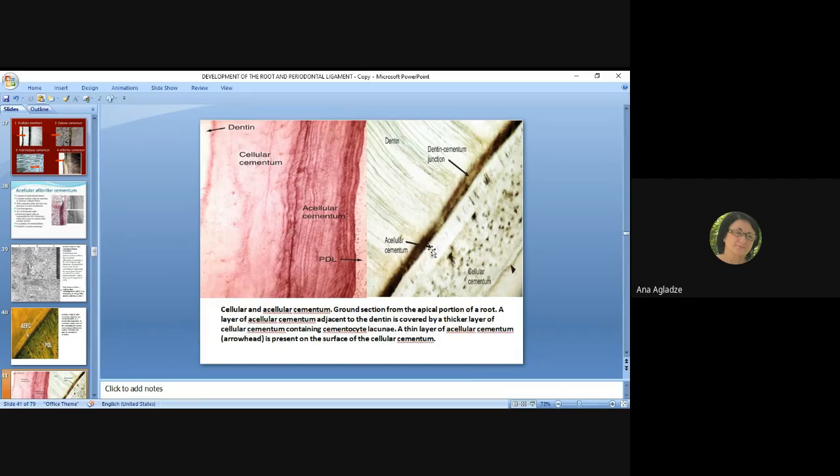Here you can see the acellular cementum layer, and after this the cellular cementum layer. And this is a thin layer of acellular cementum. Most of the cementoblasts move on the surface. Therefore, this type of cementum is predominantly acellular.